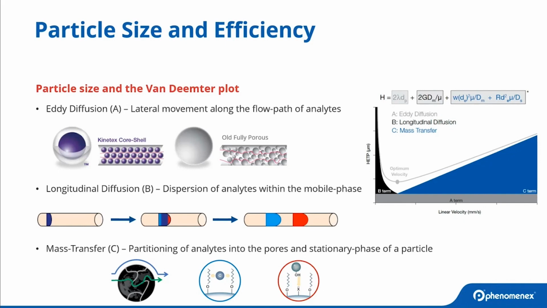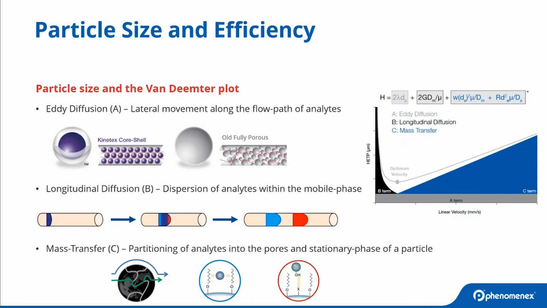And so you can think of a theoretical plate as an interaction between the analyte and the stationary phase. Within a set column, the more theoretical plates you have, the shorter the distance between each of those theoretical plates.